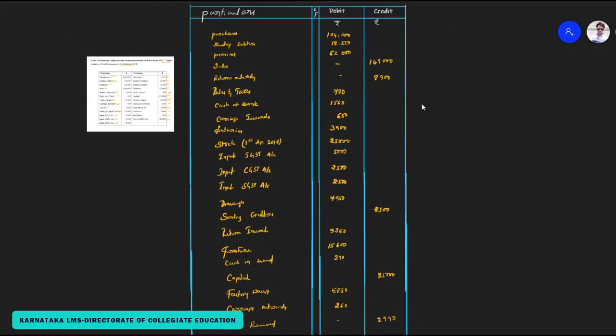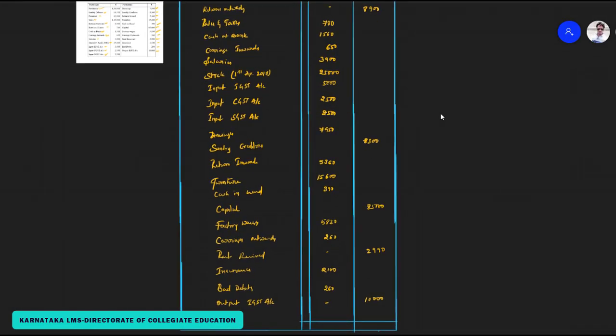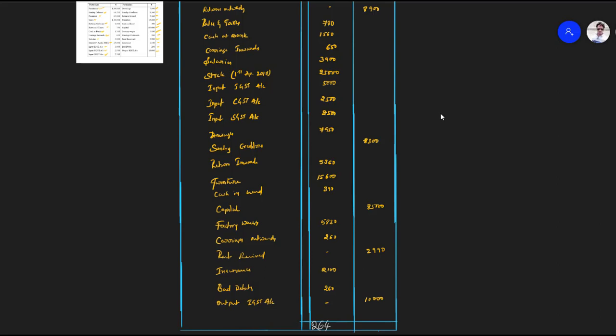So if we calculate the debit side, it is exactly 2,64,190. And similarly here also, when we total the credit column, 2,64,190 comes.